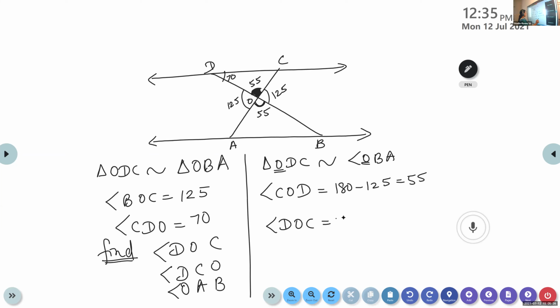So angle DOC is 55. What is angle DCO? It is 180 minus 70 plus 55, it is 180 minus 125. That is again 55, isn't it?